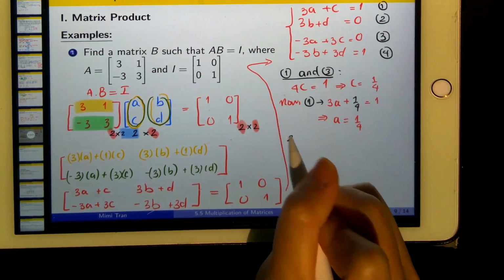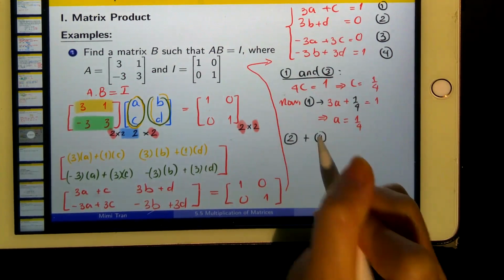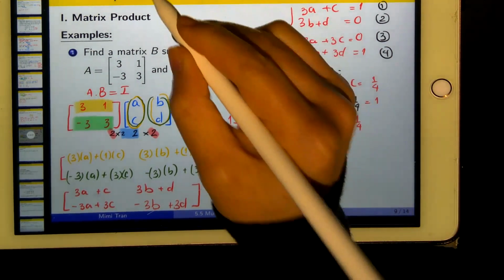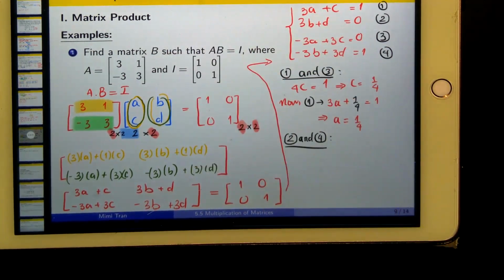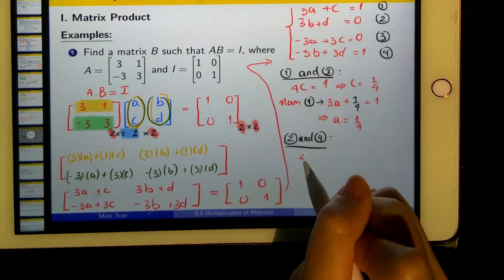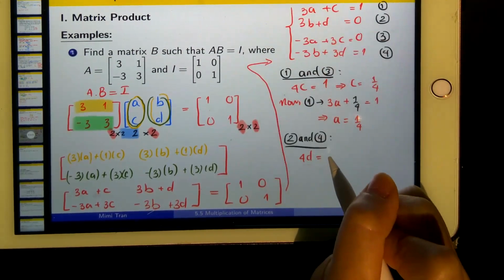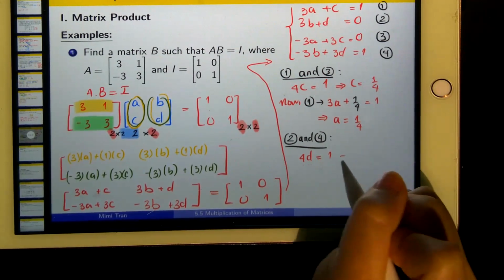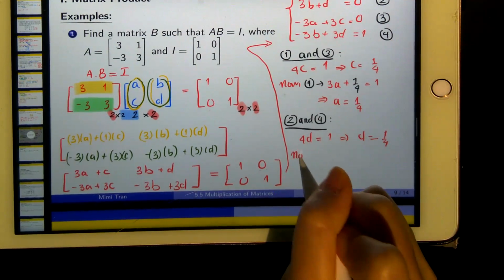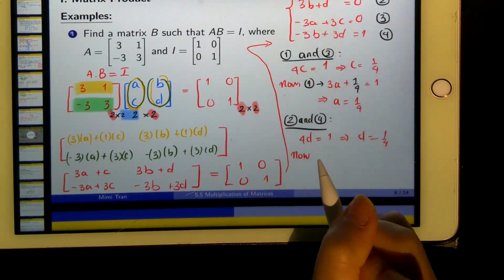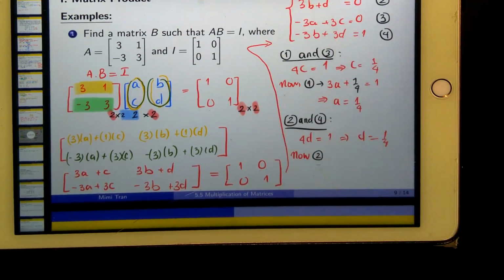For B and D, we're going to use equation 2 and equation 4. They are already opposite. B is opposite. All you do is add them together. You get 4D equals 1. D is 1/4. Plug 1/4 into equation 2 or equation 4, it doesn't matter.